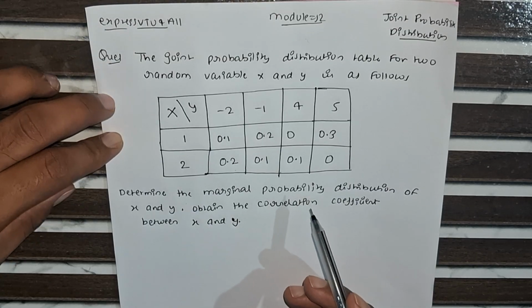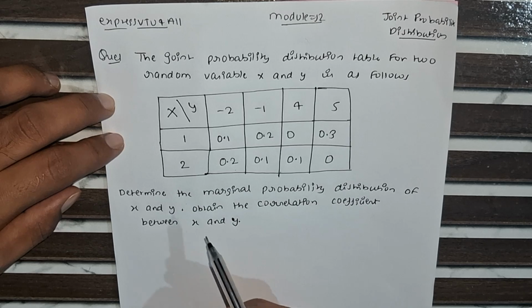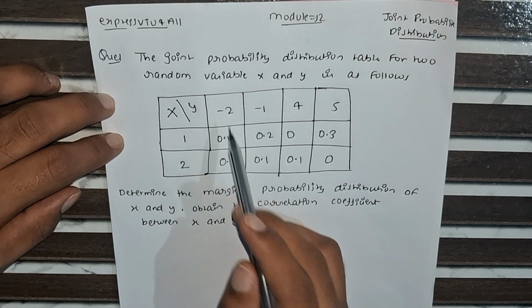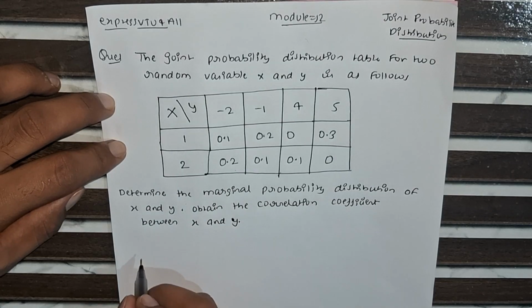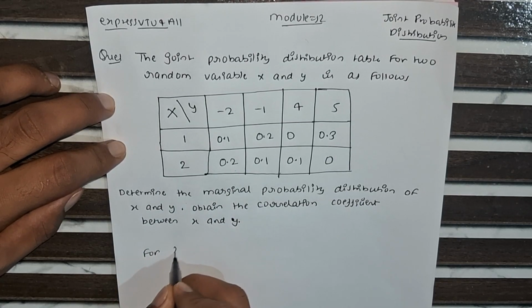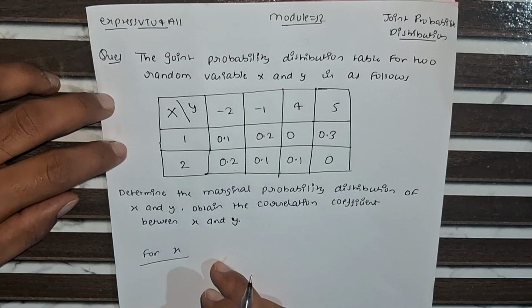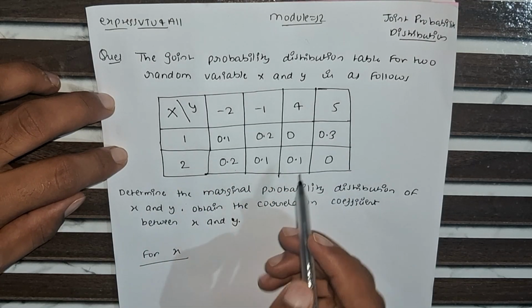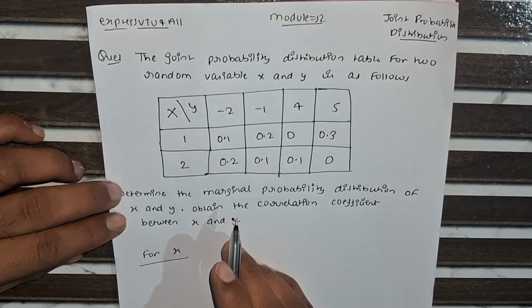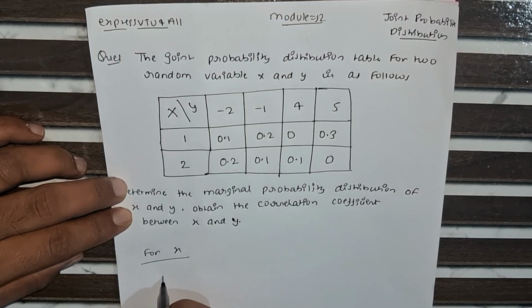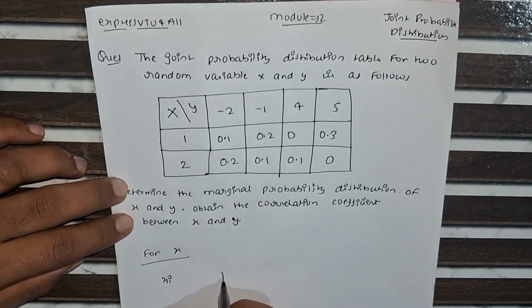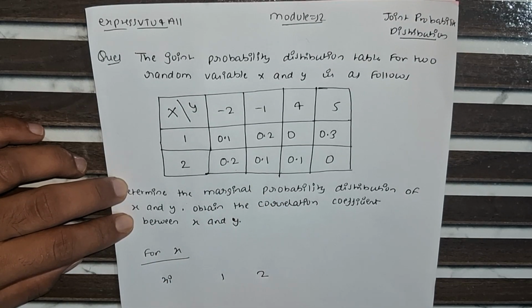How can we find it? By adding the respective entries of rows and the respective entries of columns. So for x we have to find first. For x, this is our row 1, this is the value for 1 and this is the value for 2. So our xi values are 1 and 2 for x.